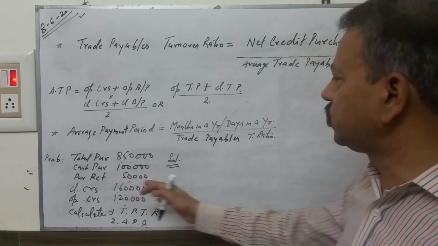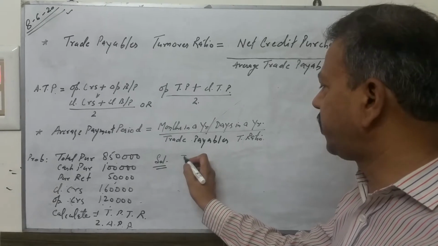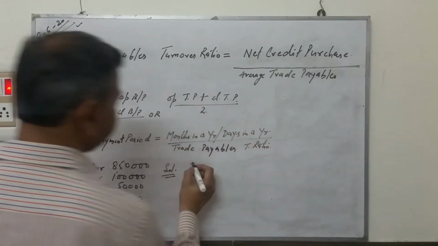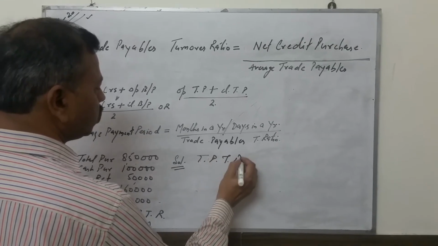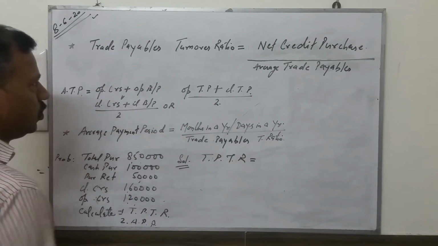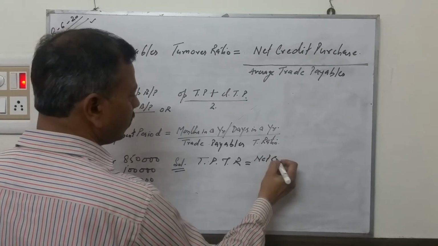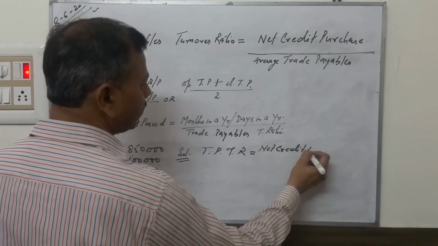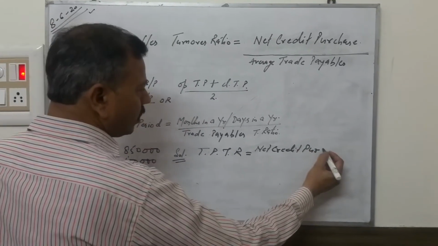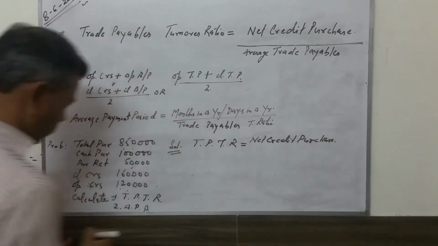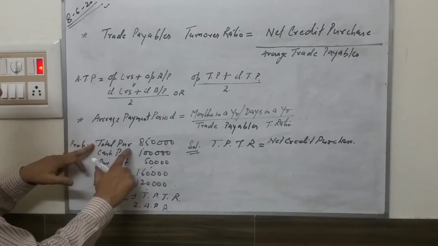Okay, so first of all, trade payable turnover ratio is equal to net credit purchase. Net credit purchase you can find out. See, total purchase you have.